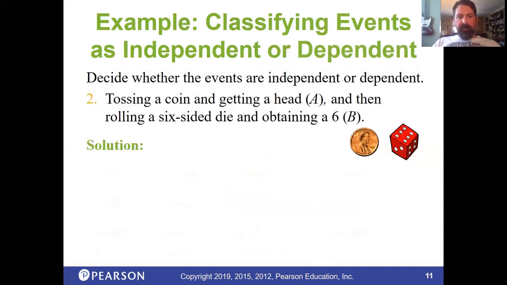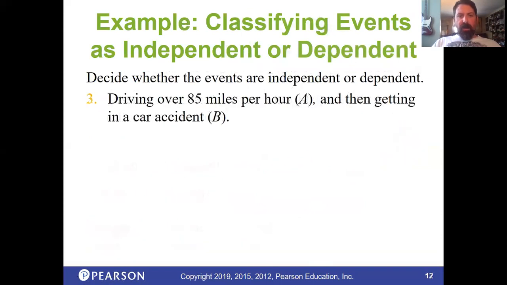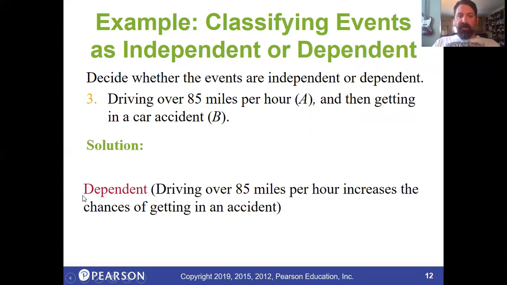Okay, and then we were here, but how about this? Is driving over 85 miles per hour, event A, and then getting in a car accident, B, dependent or independent? Well, over 85 miles an hour is pretty darn quick. You start driving that fast and you're probably more likely to get into a car accident. So we would call them dependent. Driving over 85 miles per hour increases the chance of getting in an accident.